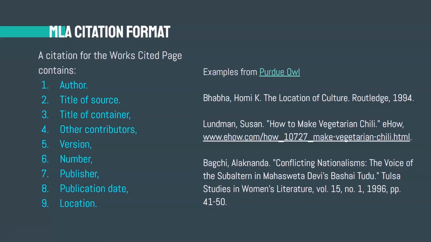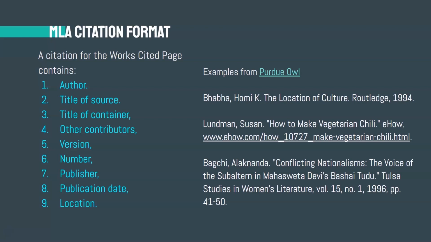So the format for MLA citations includes all of the things in this list that are available. So we have the author, title of the source, title of container, other contributors, version, number, publisher, publication date, and location. And this is broken down with the appropriate punctuation as well.